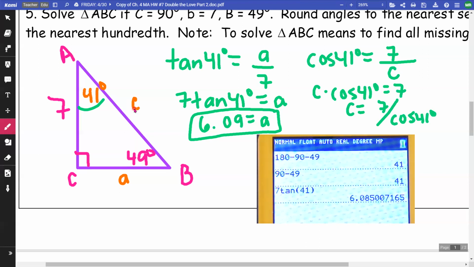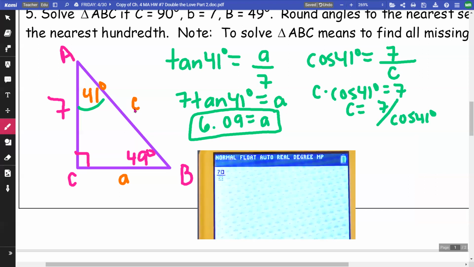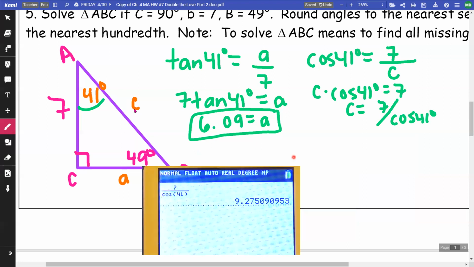And I'm going to put that into my calculator. So I am going to do 7 over cosine of 41 degrees. And I get 9.28 if I round. Okay, and that is going to be my answer.